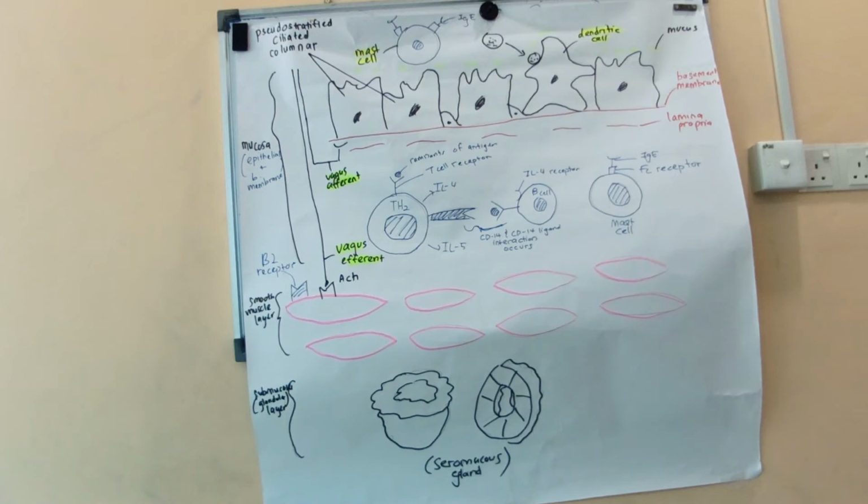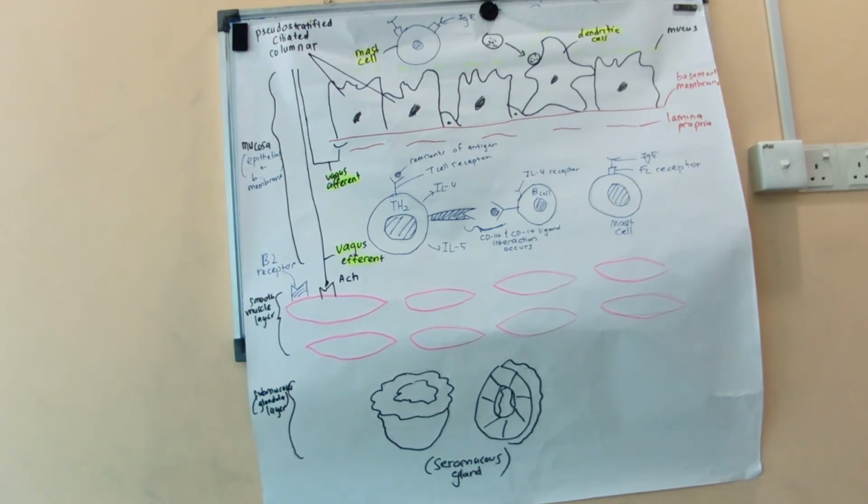This interleukin 4 will go and bind to the interleukin 4 receptor on the B cell, and now it causes some reaction in this B cell. This B cell will get activated and proliferate into what we call a plasma cell.